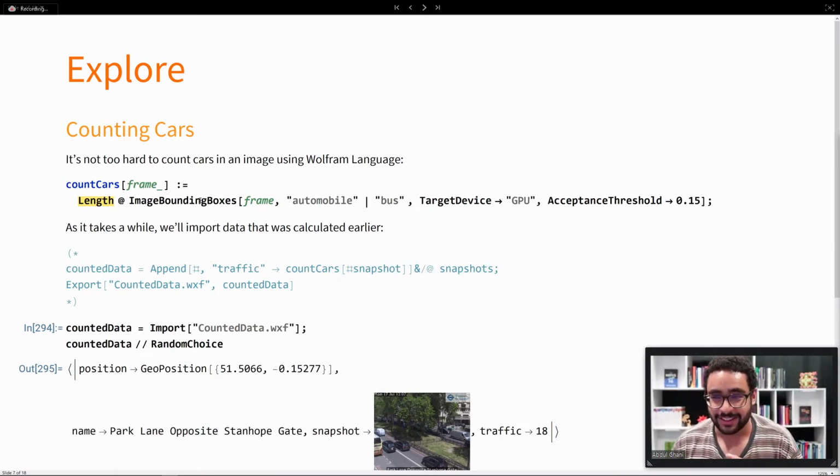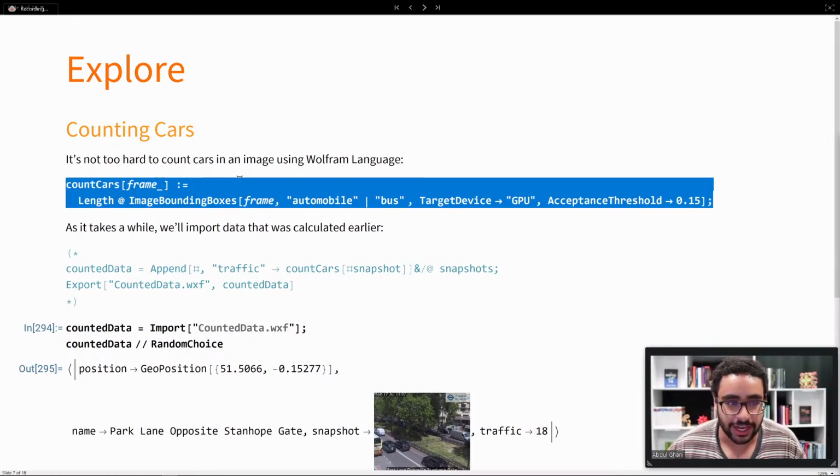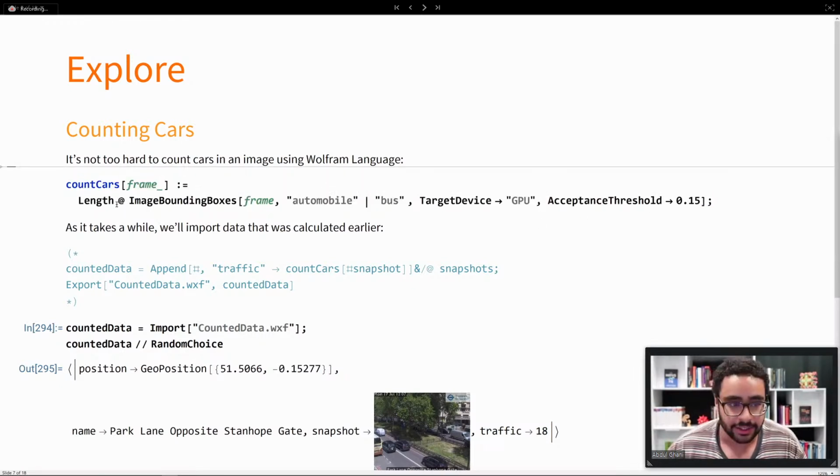But you don't need to, at least if you have Mathematica, because it has an algorithm for this sort of thing. We create a function called count cores, which finds the so-called image bounding boxes in the frame of whatever it classes as an automobile, a car, or a bus. So we're counting all of the identified automobiles or buses in our frame.